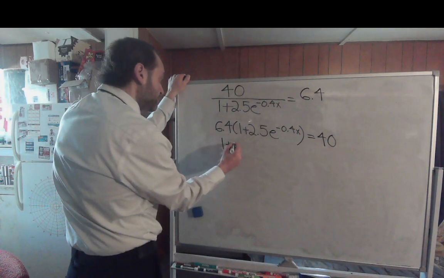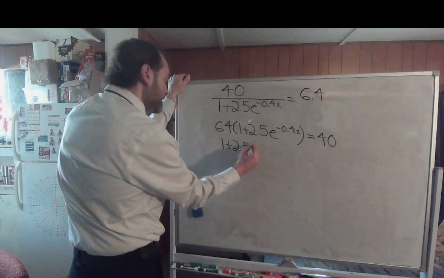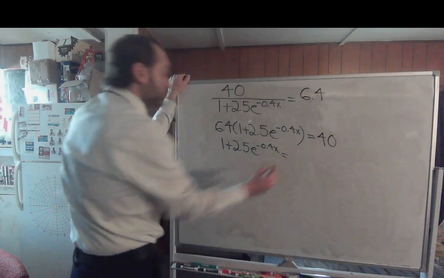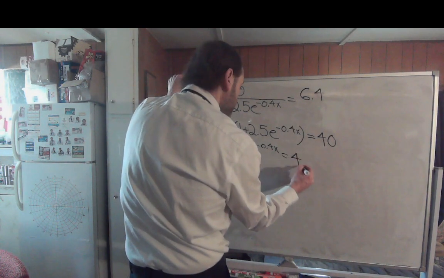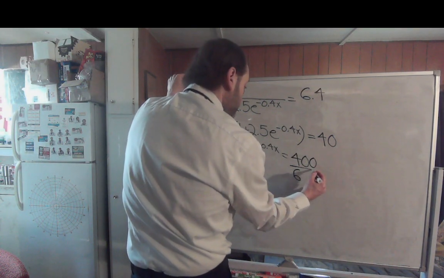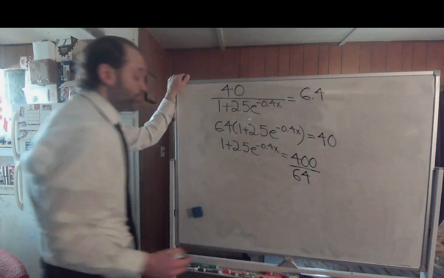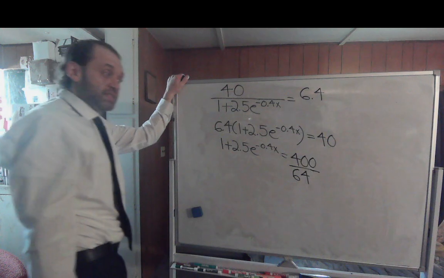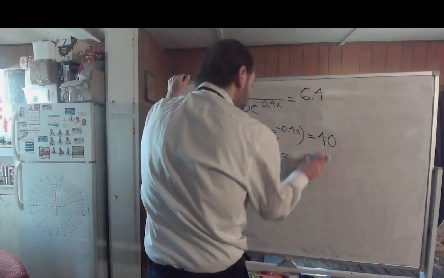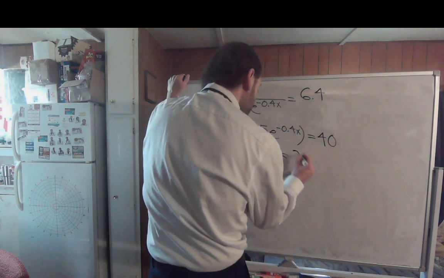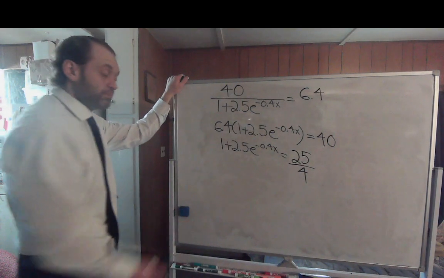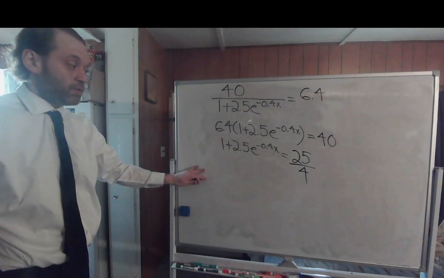You'll get 1 plus 2.5e to the negative 0.4x would equal 40 divided by 6.4, which is the same as 400 over 64, which both divide by 16, you would actually get 25 over 4. This really would turn into 25 over 4, is what it would simplify into.